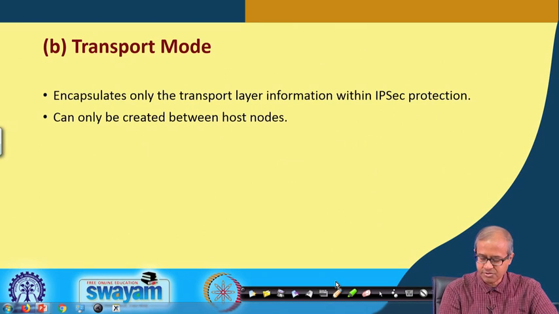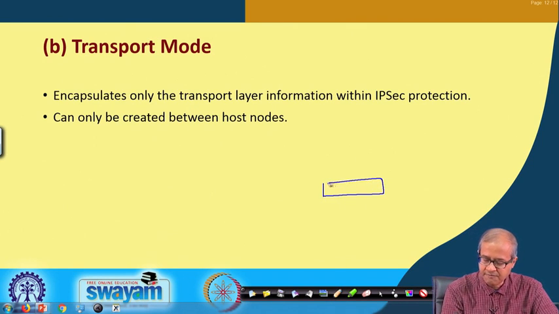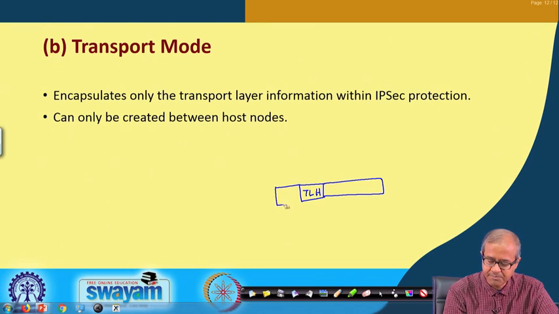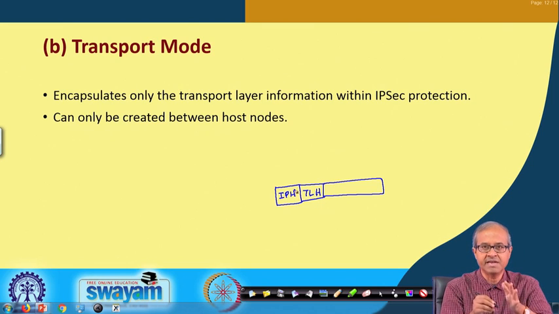Normally, with the data, first the transport layer header will be appended, then the IP layer header will be appended, and when it goes to the physical layer, then an Ethernet level header and trailer will be appended.